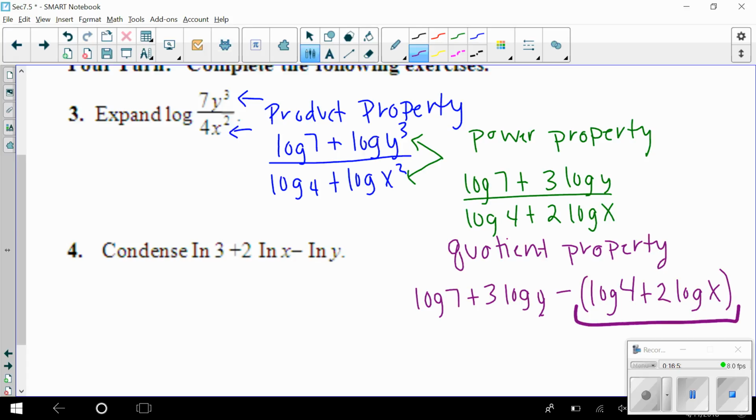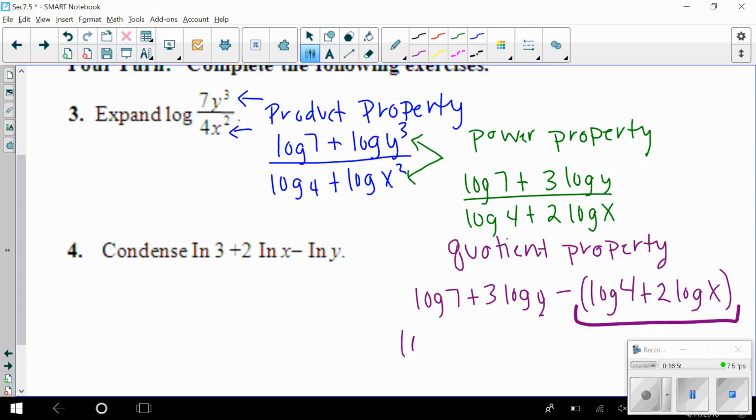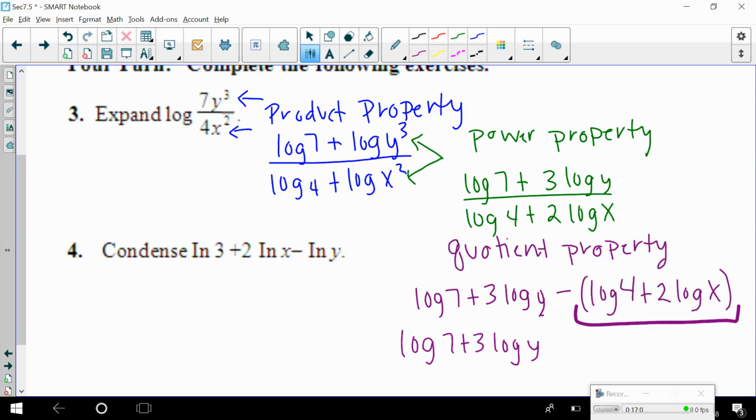So if you rewrote this, it would be log of 7 plus 3 log of y minus log of 4 minus 2 times the log of x. So you have to remember to distribute that negative sign because you're subtracting that whole quantity, log of 4 plus 2 log of x, not just that first term.